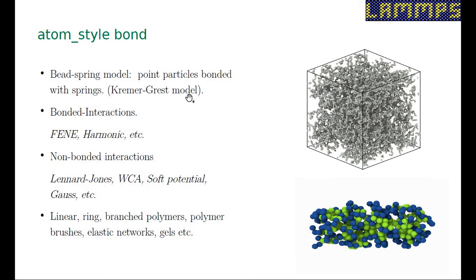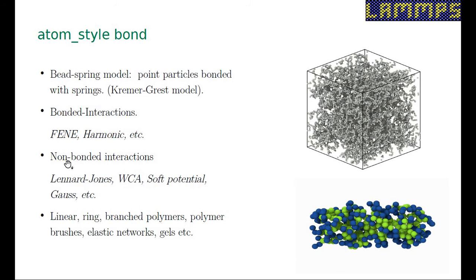So the Kremer-Grest model only includes point particles and elastic springs. So in this case, we have bonded interactions and non-bonded interactions. In the bonded interactions, we have the FENE and the harmonic potentials, which take into account the elasticity of the molecule.